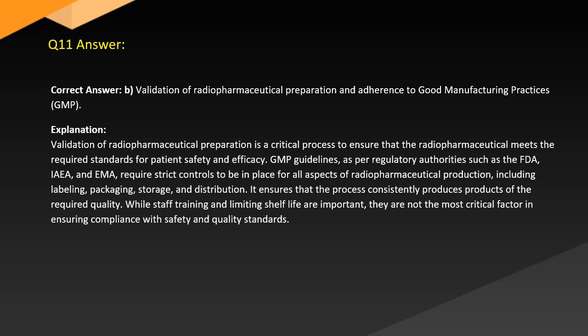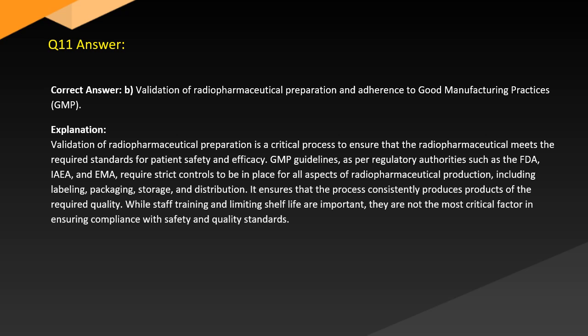Answer. Correct answer: B. Validation of radiopharmaceutical preparation and adherence to good manufacturing practice (GMP). Explanation. Validation of radiopharmaceutical preparation is a critical process to ensure that the radiopharmaceutical meets the required standards for patient safety and efficacy.